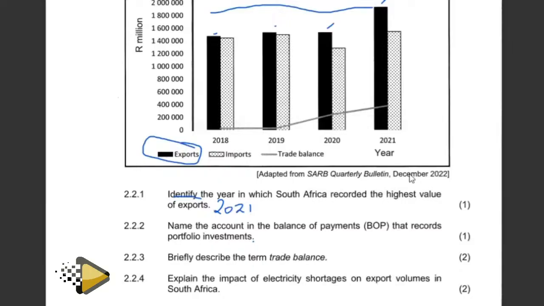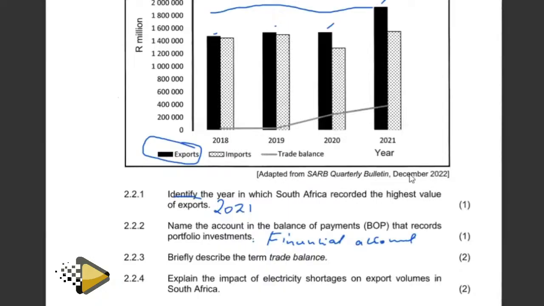Name the account in the balance of payments that records portfolio investment. If you still remember, grade 12, the only account under which we can record the portfolio investment is the financial account of the balance of payments.